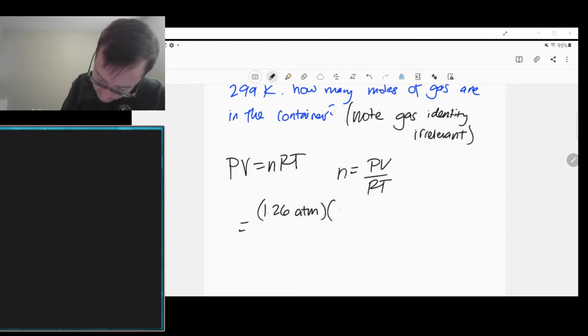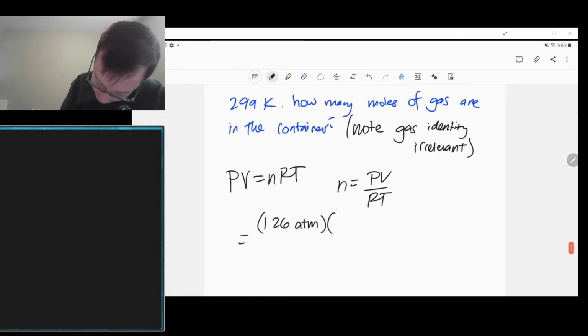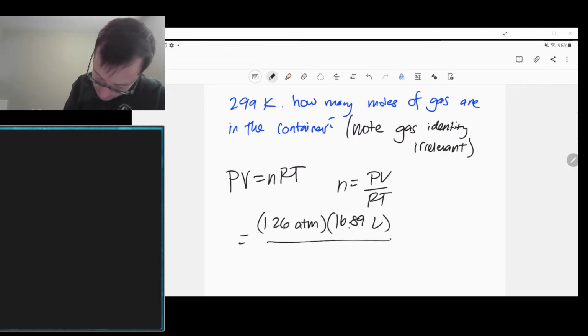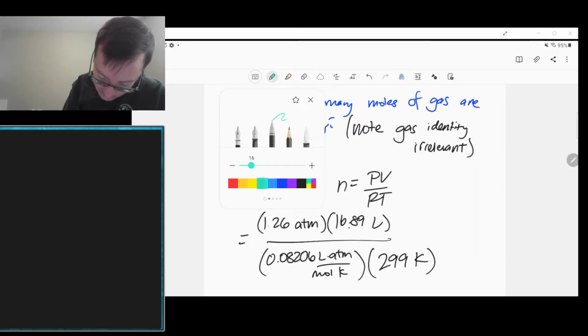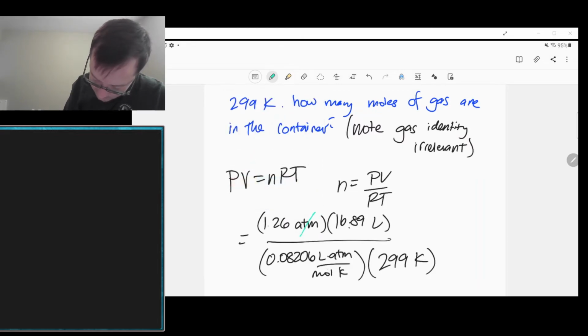The volume, 16.89 liters. R, and then the temperature was 299 Kelvin. Let's look at our units. Always double check your units. Atmospheres cancels out. Liters cancels out. Kelvins cancels out. We're left with 1 over 1 over moles, which is just moles.